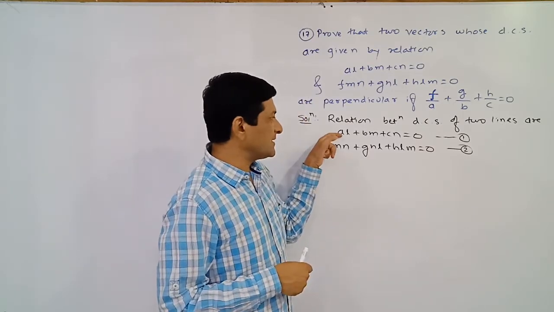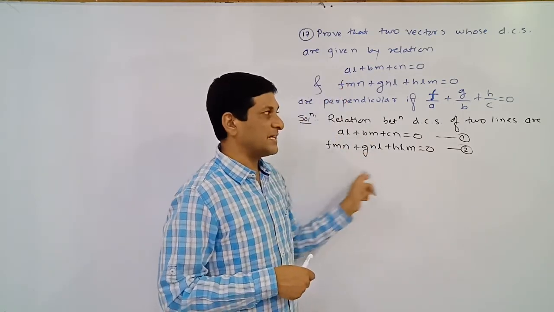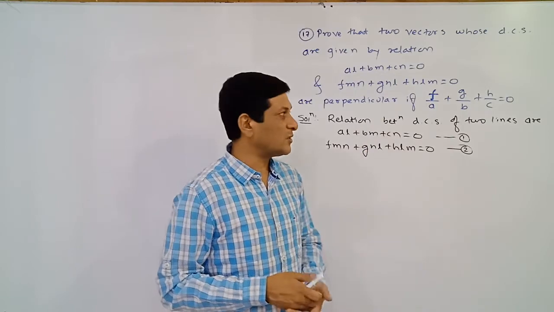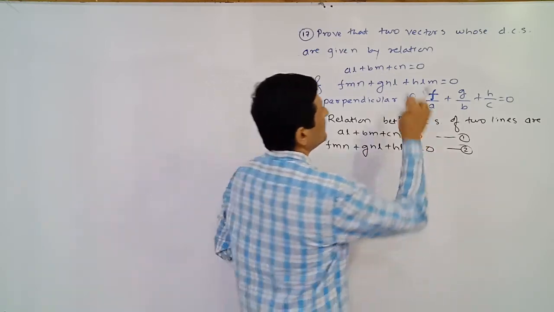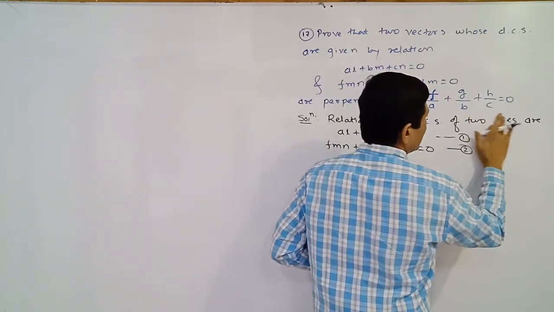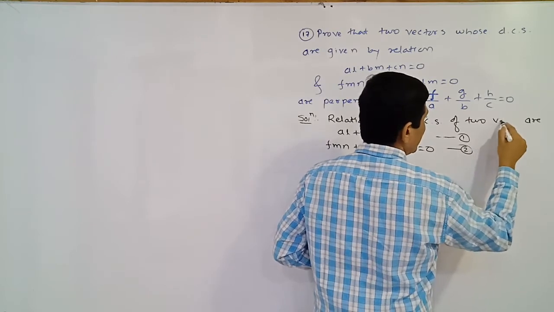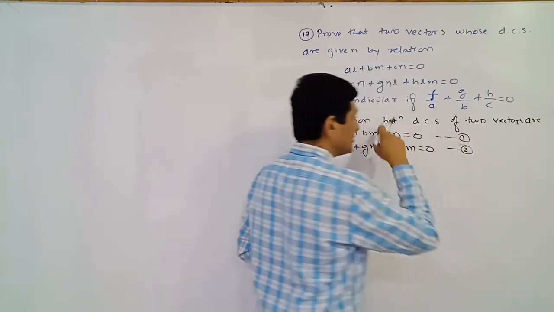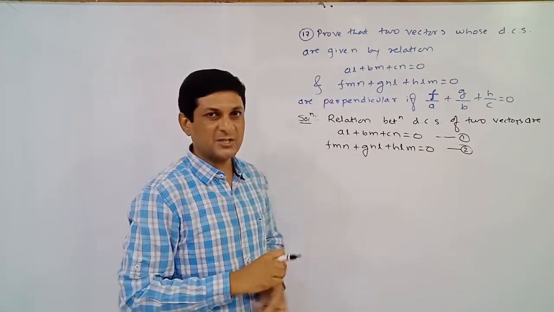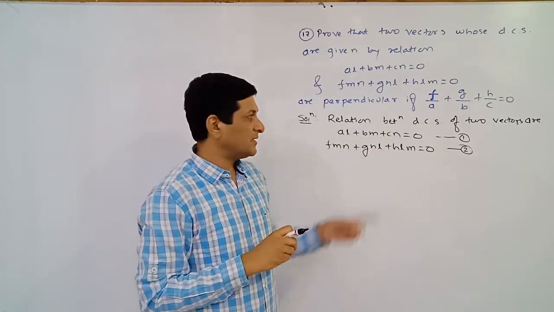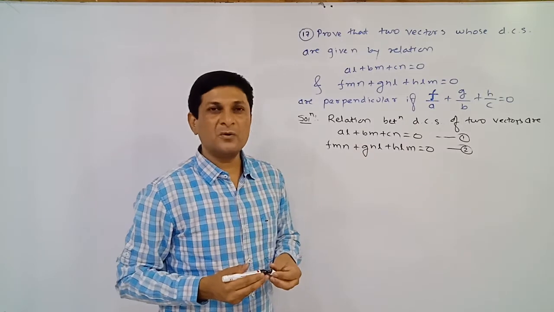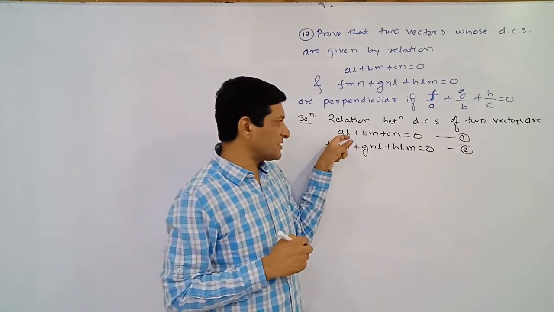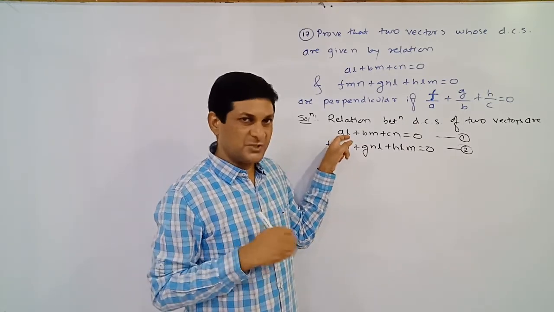Now here we have considered two given relations which are satisfied by what? The direction cosines of two lines. Instead of line, a better way here is to use the word vector, because in the question, instead of the word line, the word used is vectors. So these are the relations between the direction cosines of two vectors. Now from the first equation we have three choices.